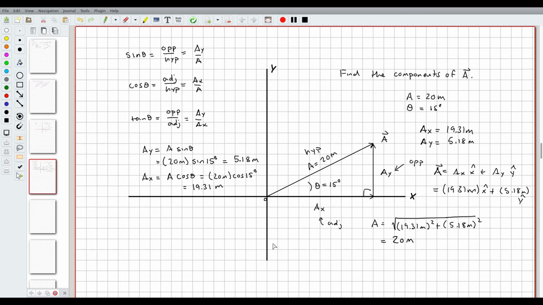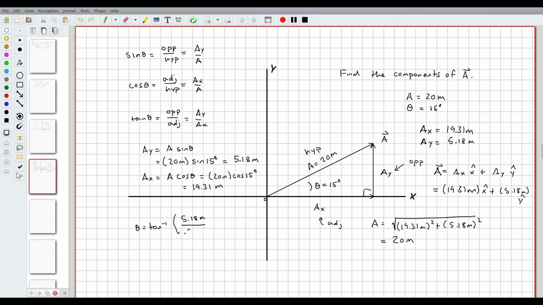Let's check the angle. Well, according to this, that angle should be the inverse tangent of AY over AX. So let's see. AY, 5.18 meters.